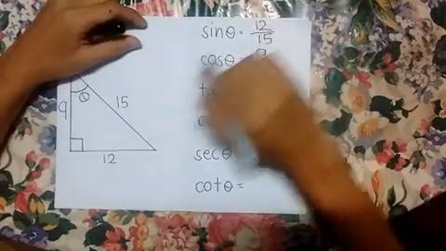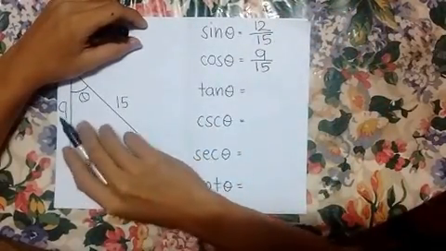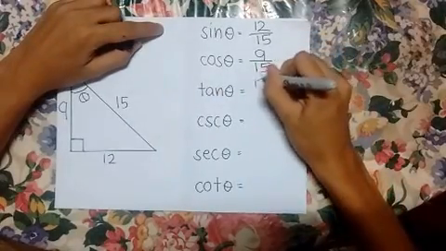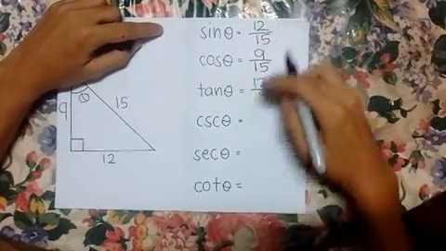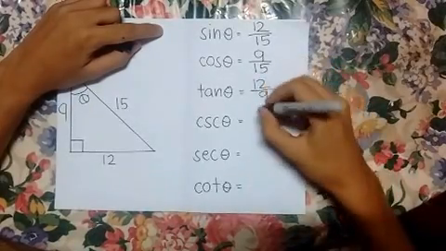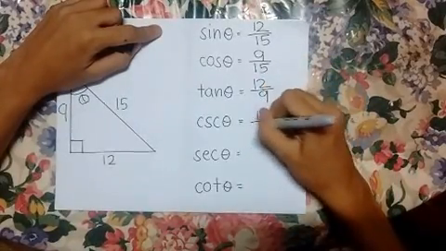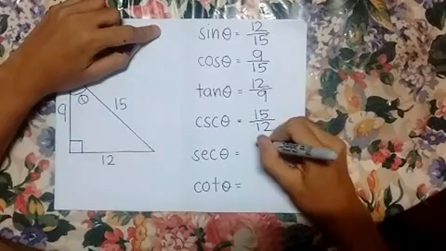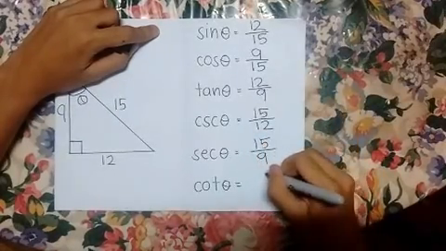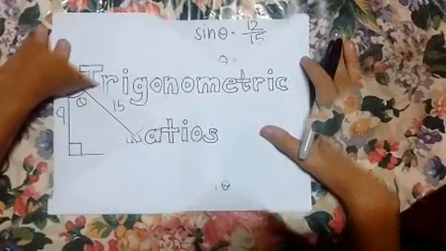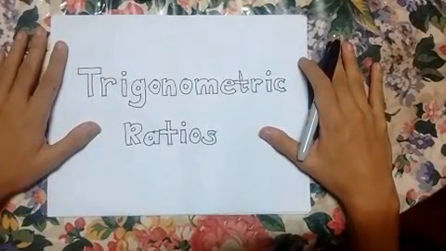Tangent of theta, opposite over adjacent. 12 over 9. And again, just get the reciprocal of these three. 15 over 12, 15 over 9, and 9 over 12. So that's all for trigonometric ratios.